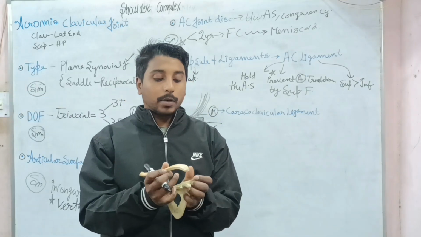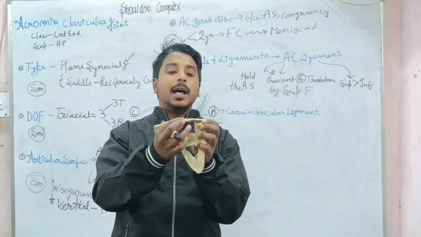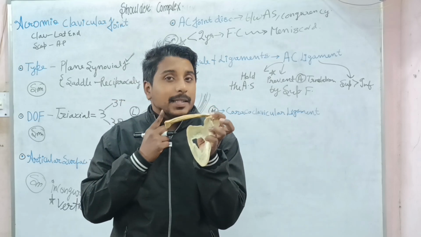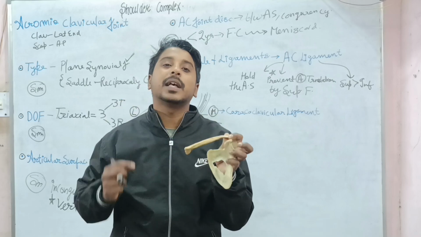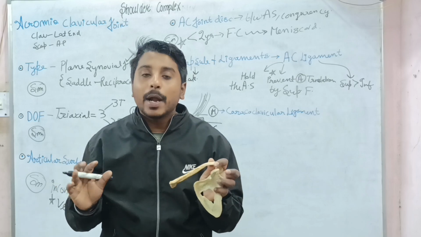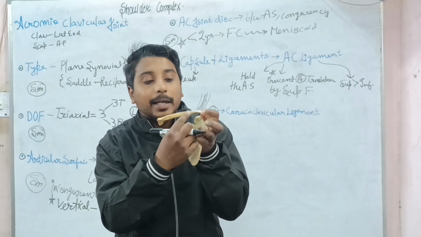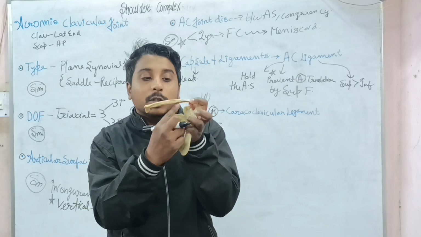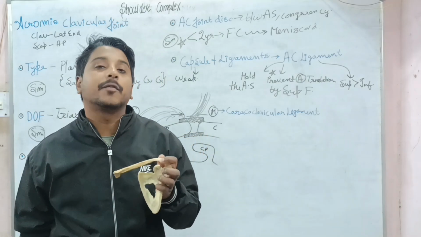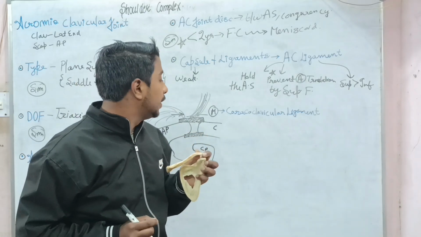Okay, so the coracoclavicular ligament. This is the acromioclavicular joint, and this part is the coracoid process. It is not a structural part of the acromioclavicular joint, but it helps to connect the coracoid process to the clavicle. It has a very important function that I will explain within a few minutes.